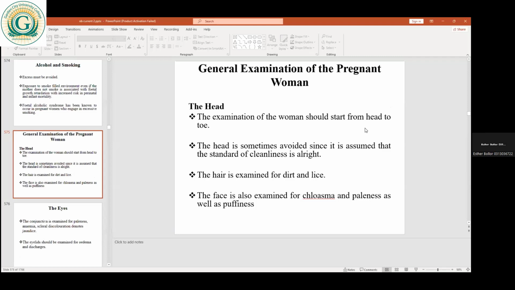So general examination of the pregnant woman for OBS, and anatomy will be pelvis. We will write it down so that when we come, we'll remind you. Next week, pelvis.